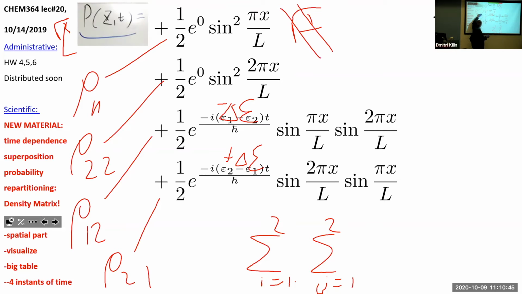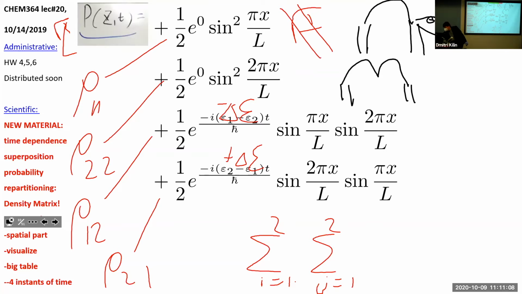So initial coefficient, time dependence, spatial part. I do not know how to draw camels. It looks more like a frog. So ground state, excited state, and then superposition states.